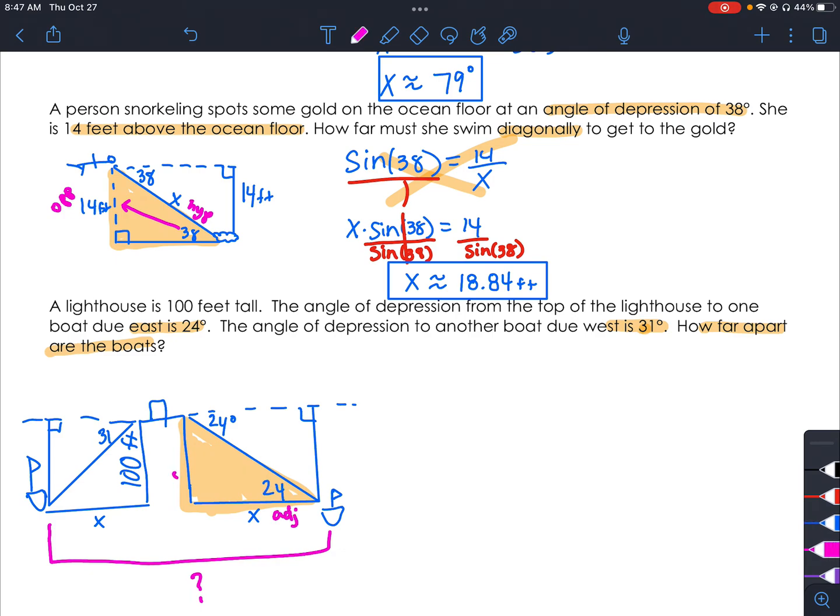This is adjacent, and this 100 is opposite. So we've got tangent of 24 equals opposite over adjacent. If I cross multiply on this one, I have to divide, so I'm just going to skip that step that I always do and divide.